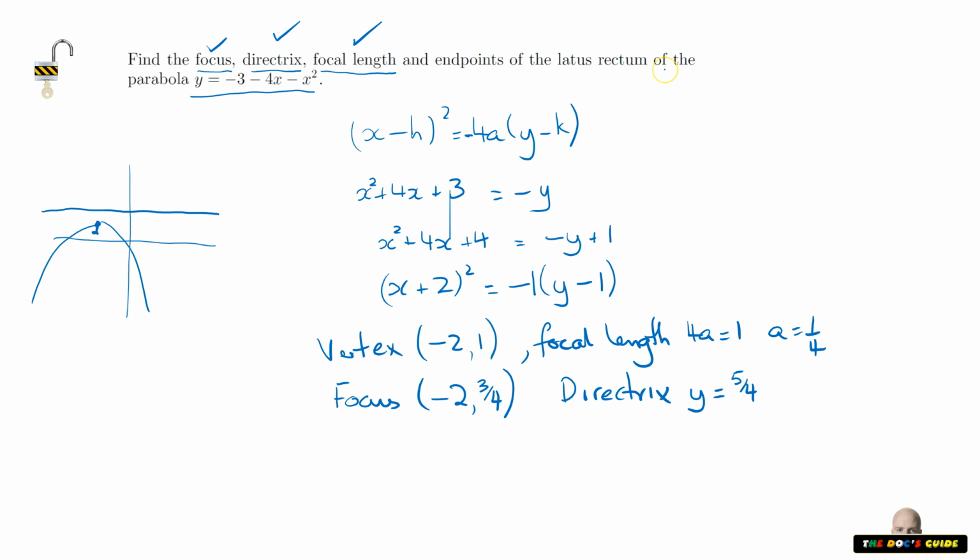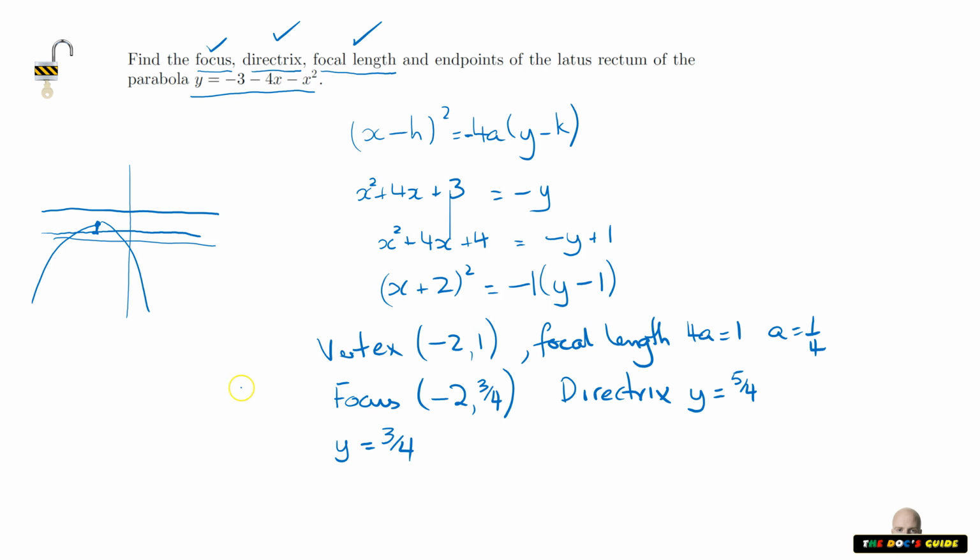The endpoints of the latus rectum of the parabola, well, the latus rectum, we know, is the horizontal line, the focal chord that runs through the focus and is parallel to the x-axis. So the equation of the latus rectum is going to be y equals 3/4.